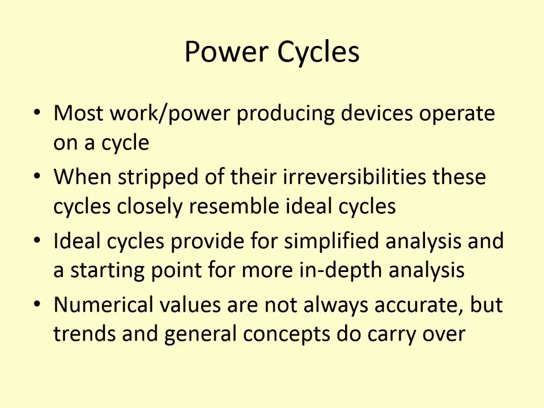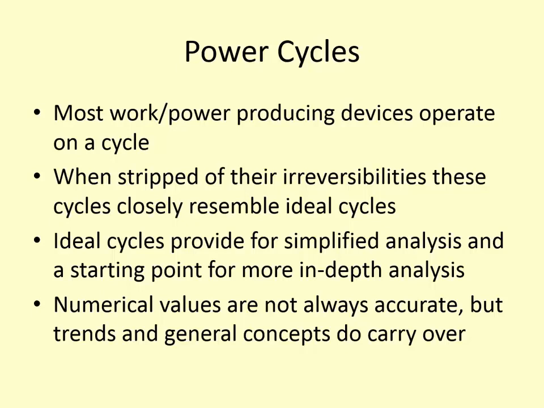When we're looking at them, we oftentimes provide an idealized case that we study, and we strip these actual cycles of their irreversibilities so that we can analyze it more readily. It also gives us the best case scenario, as we've talked about a lot before, and it's a starting point to get into some more in-depth analysis.